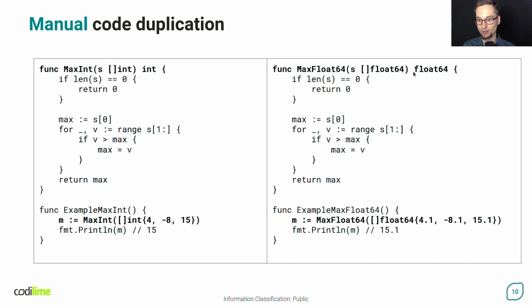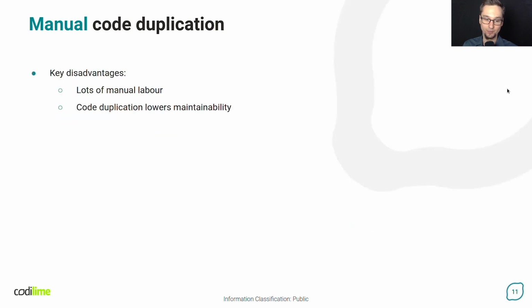Well, we see a clear disadvantage of this approach. Basically, it's a lot of manual labor because you have to implement one function per each type. And code duplication lowers maintainability, because if you find a bug in one of those functions, you probably have bugs in all other places too.